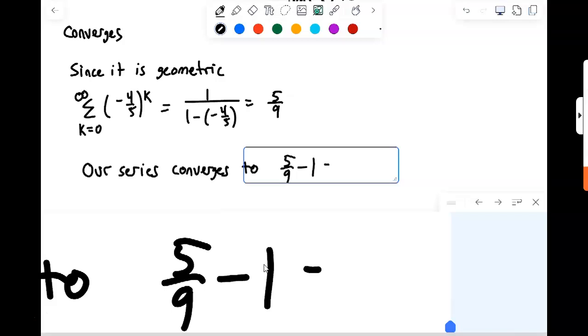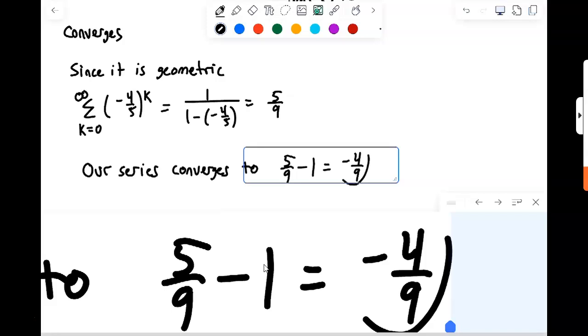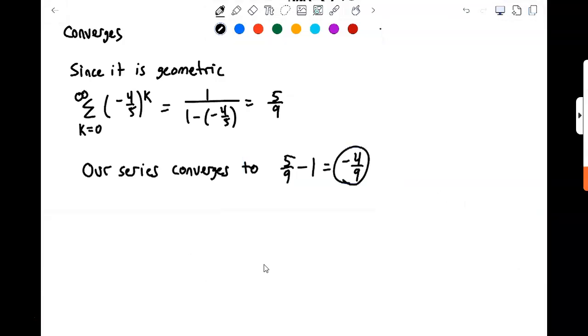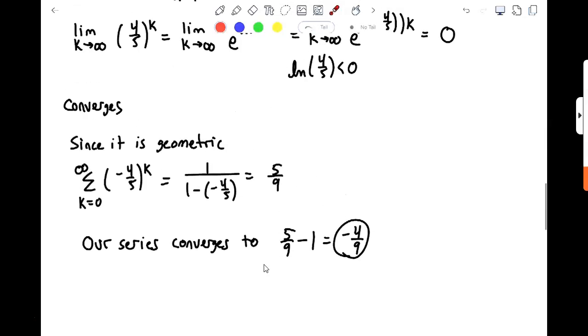Right, subtract off that first value. And so our series actually converges to -4/9. Again, because it's a geometric series, we can use that formula to talk about its convergence when we start at 0. And then we can just strip off the values that we excluded from our series up above. And again, that's because it's geometric.